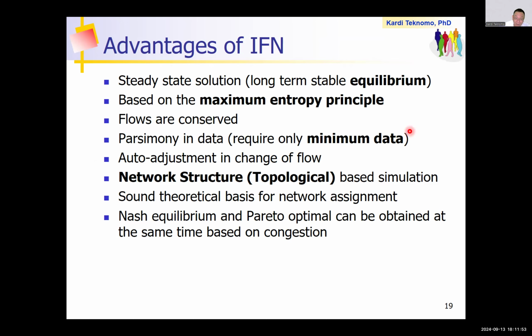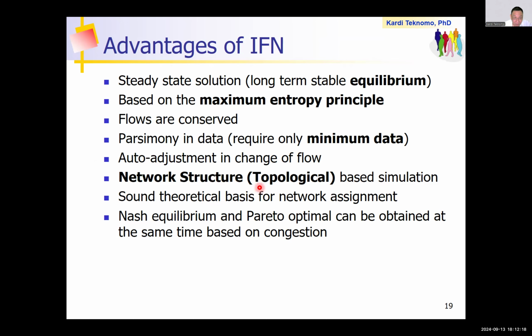So you only need minimum data. In fact, you don't need data at all. All you need is the network data that you can get from OSM or from Google Maps. Actually, you can also adjust the flow automatically. In this case, you can check the value of topology, the network structure.